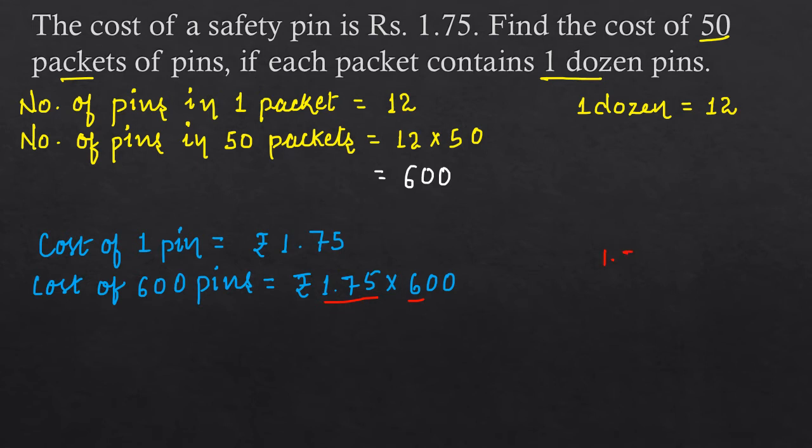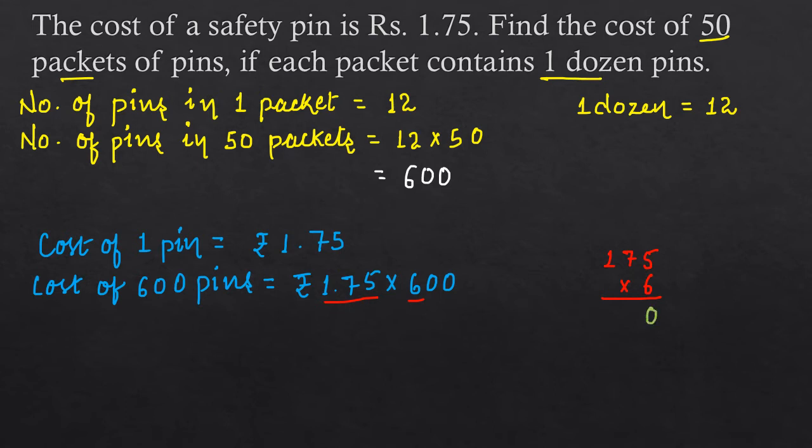So 1.75 multiplied by 6. Just like normal multiplication, we will multiply both of these numbers without thinking of point. So take it as 175. 6 fives are 30.